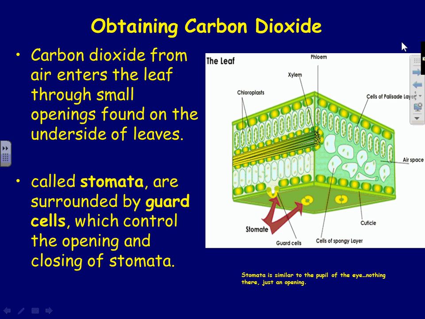And you'll notice that there's two cells there. They're called guard cells. It's not like we're dealing with a mechanism like a machine that says, okay, the sun's up, let's open the stomata, and oh, the sun's gone down, let's close them up. They open and close based on the amount of photosynthesis that is taking place.